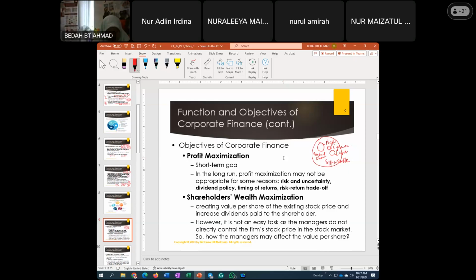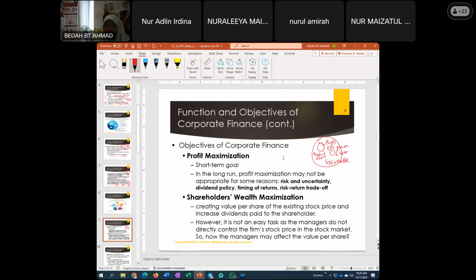Okay, dividend policy. Shareholders are interested in how much they will receive as a dividend, especially the dividend gainers, dividend gain investors. So the retained profits can be increased by reducing the dividend payout ratio.